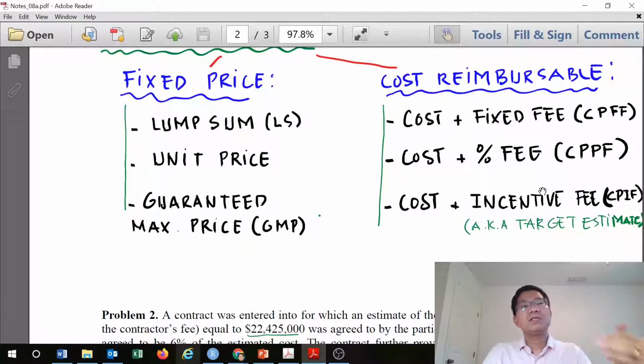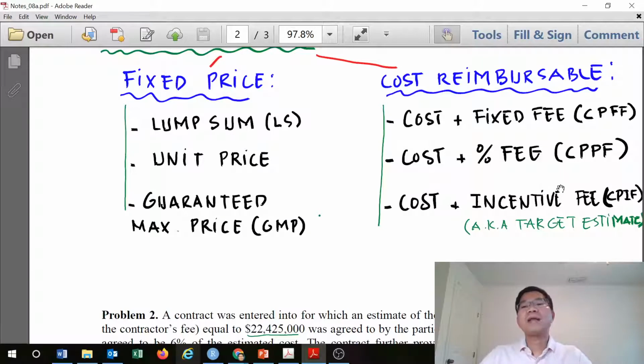Let's say the target for this project is $100 million, and now the cost you spend is only $80 million. You save 20 million. That money can be shared between the two parties, and that gives people motivation to save on the project and make it more efficient.